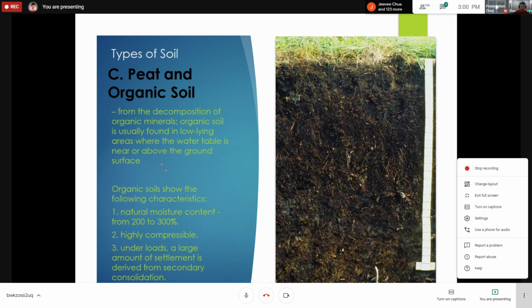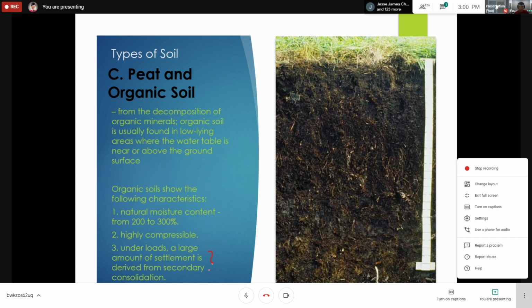That's the natural water content of your soil. Again, it's purely saturated. Now, since it's fully saturated, it is highly compressible, right? And number three, under large loads, settlement is derived from secondary consolidation.